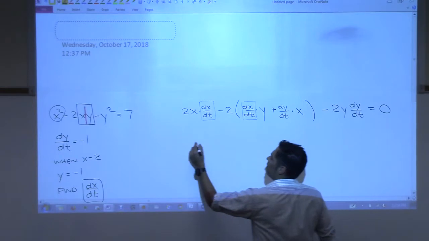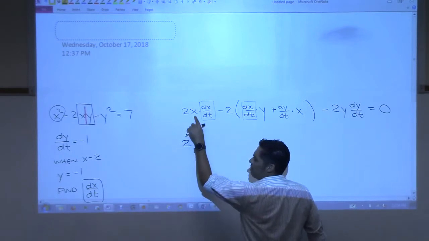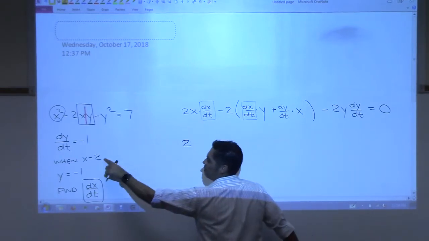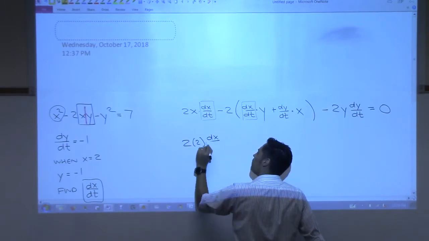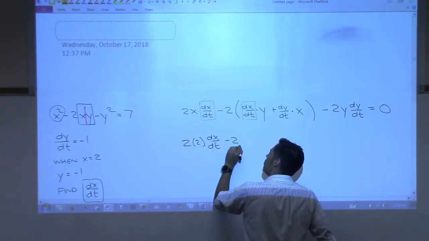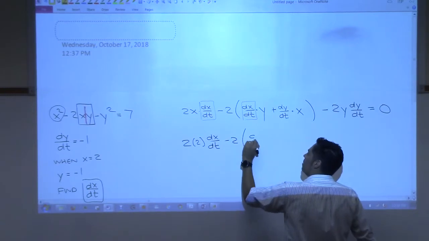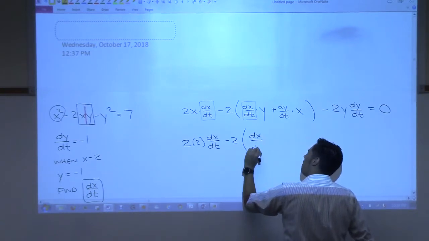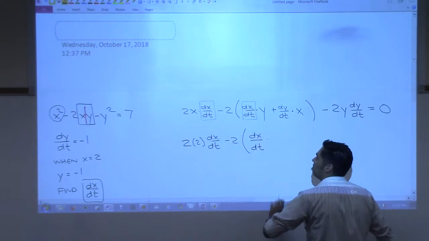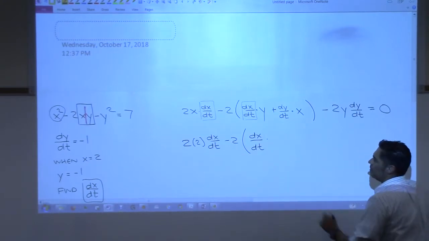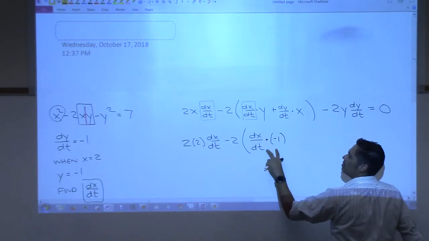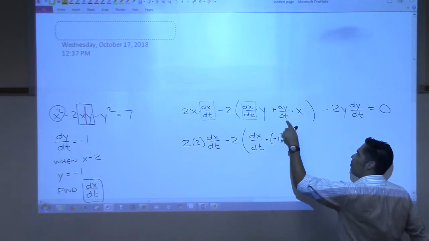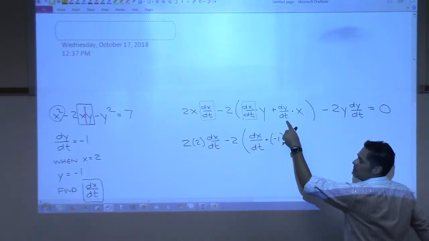So I'm going to rewrite this to, what am I going to replace x with? 2, because it told me, right? X is 2. Then we have dx dt minus 2 parentheses dx dt. We're not doing anything with that, right? Times y. What was y? -1. So -1 here. And that's being multiplied, right? Times this. Plus dy dt. -1 again, right?